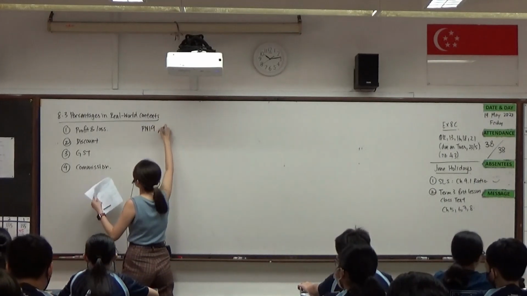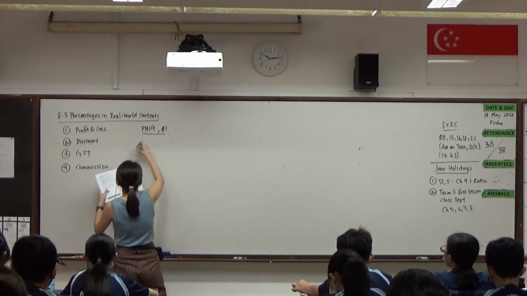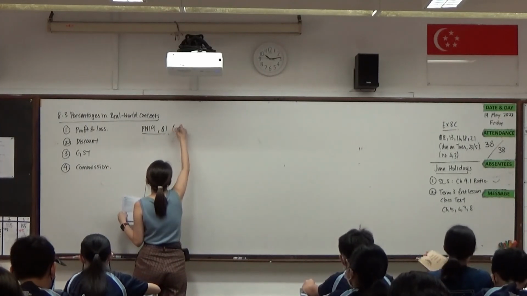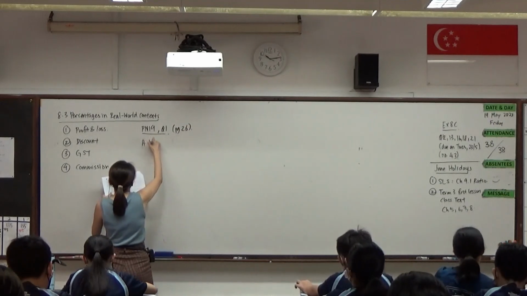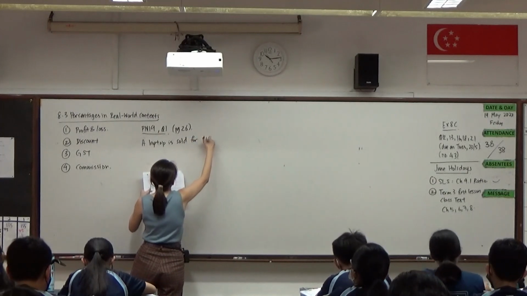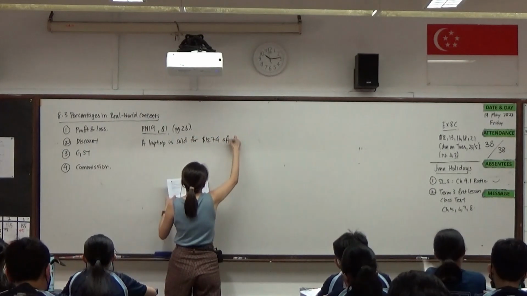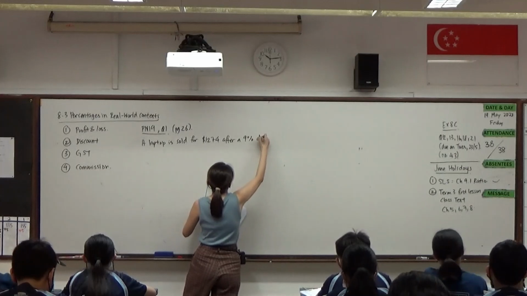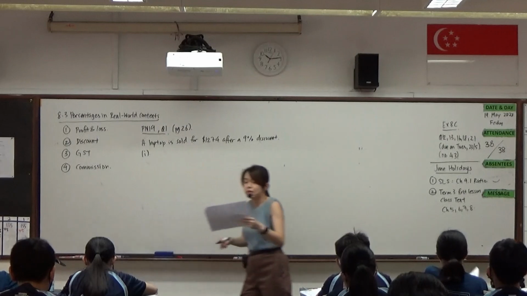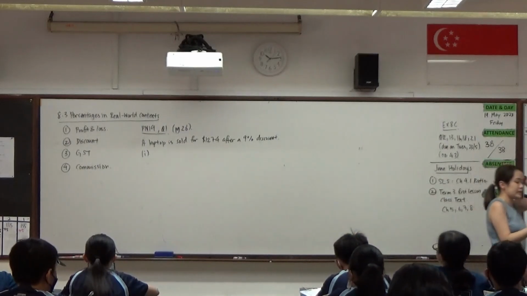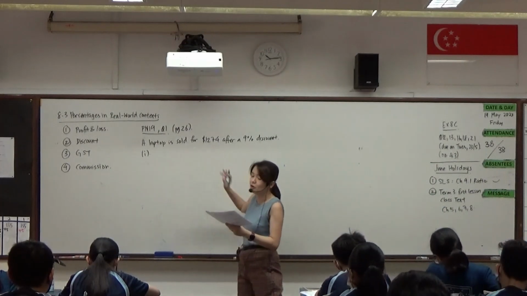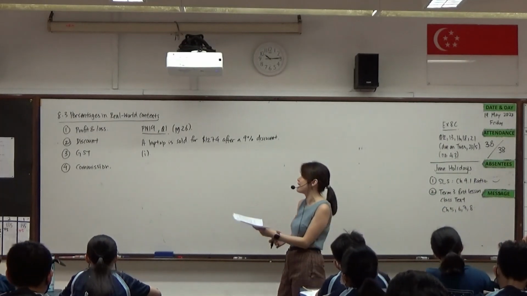is your practice 19 question 1. Okay, this is in your textbook page 26. $1,274 after a discount of 9%.